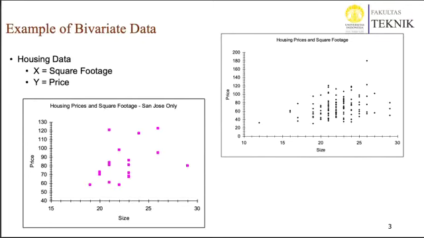We can see here we have two kinds of scatter plot data. First is the large area, and the pink one is the smaller area. In the small area we have various prices over square footage of housing.